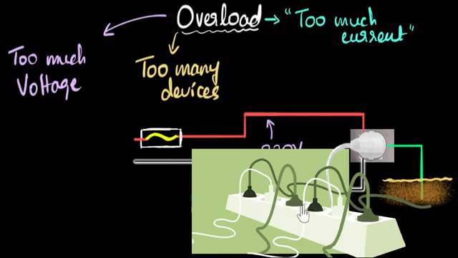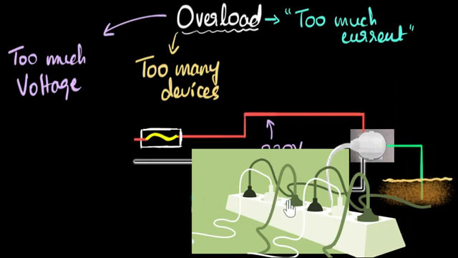Now, each of these devices is drawing some current, and therefore the total current drawn in the circuit starts increasing, right? The more devices you attach, the more current gets drawn. And again, eventually the same problem can happen. If the current drawn is more than the capacity of the wire, then we say there's an overload happening. So this time the overload happened because too many devices were attached.